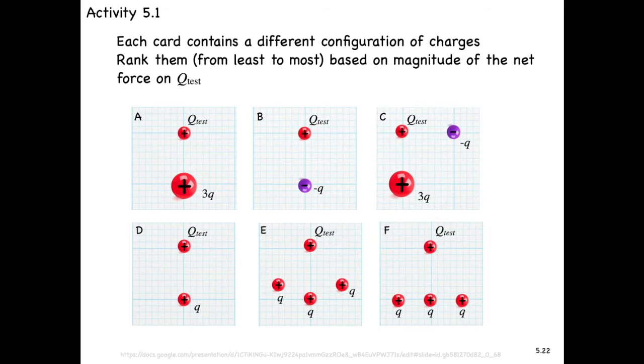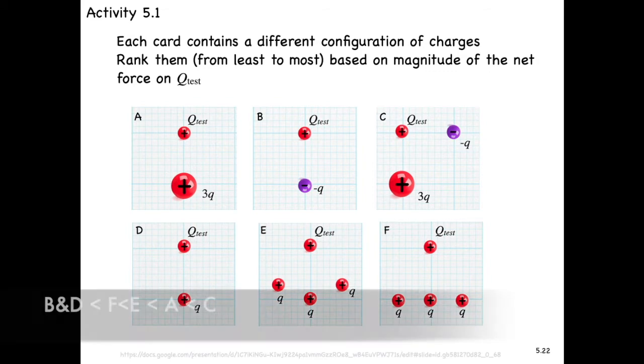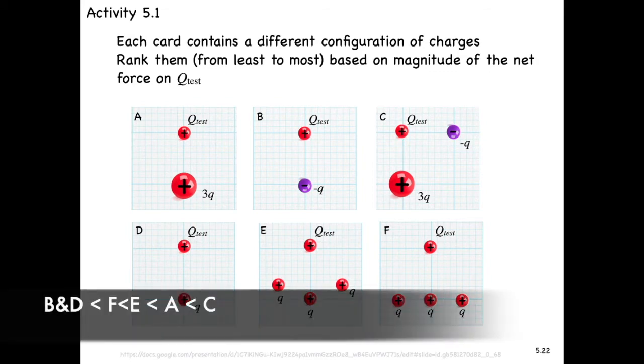Okay, so for F, these charges here are further away than the side charges in E. And as a result, they interact more weakly, right, because of that 1 over r squared.